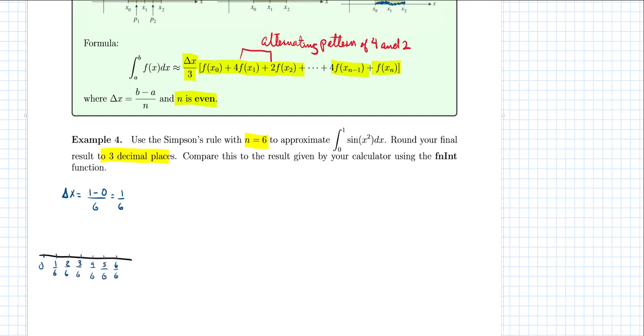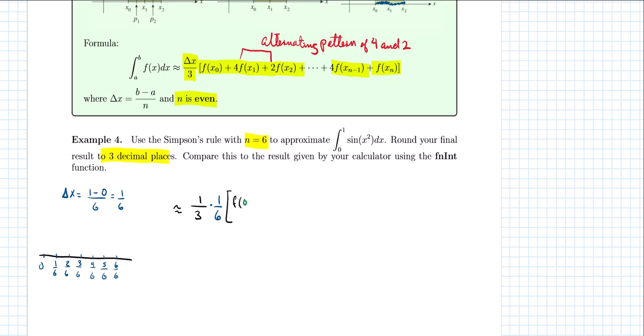Okay, now using the formula, we know that the area is going to be approximated by delta x, which is 1/6, divided by 3, which I'm going to rewrite as 1/3 times the delta x, which was 1/6. So there's our delta x divided by 3 times f of x naught, so our starting point is going to be f of 0.